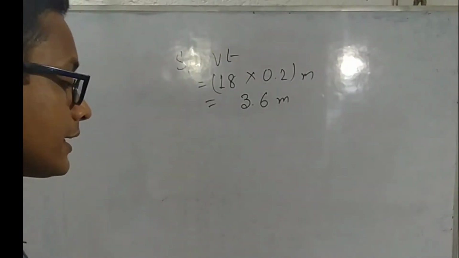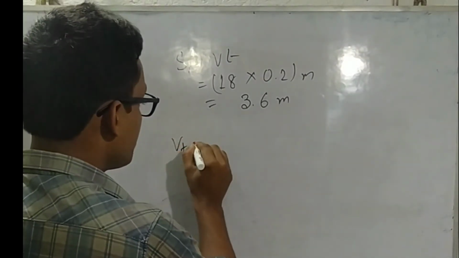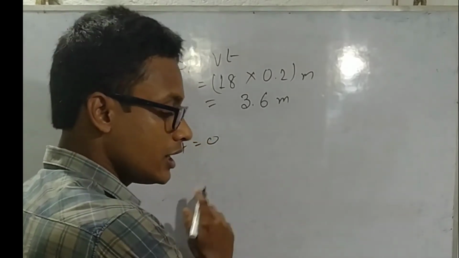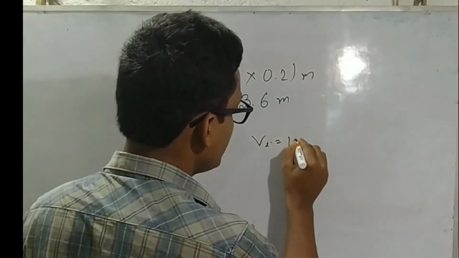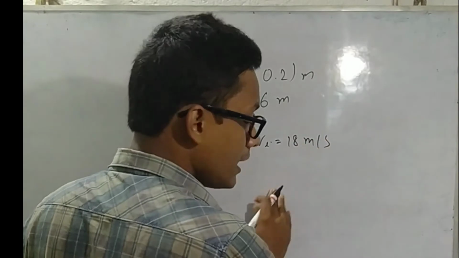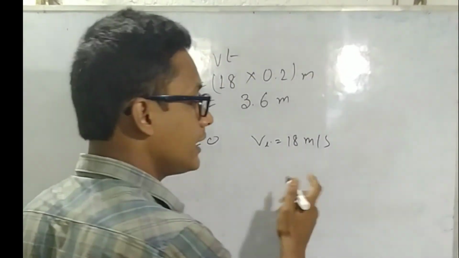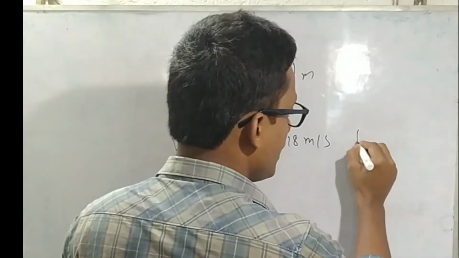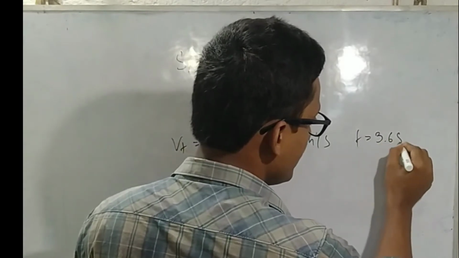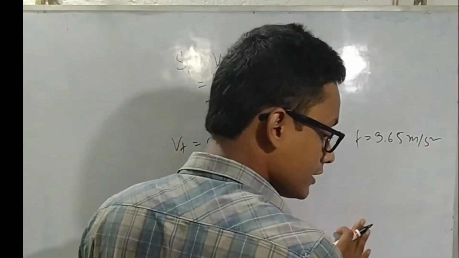After applying the brake, the final velocity Vf is equal to 0. The initial velocity of the car was 18 meters per second and the acceleration that the brake produced is f equal to 3.65 meters per second squared.